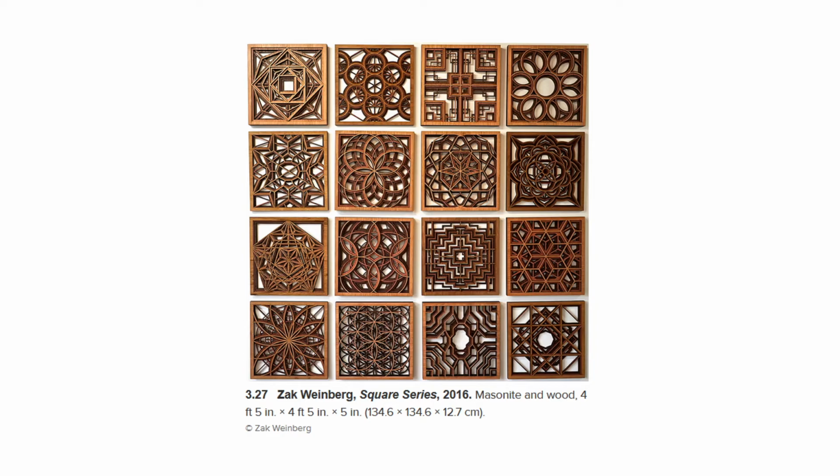So in this Zach Weinberg square series, it presents 16 variations of radial balance, and using a laser cutter, he was able to transform sheets of masonite and wood into a wide range of these elegant designs. See that it all has the reference, the focal center point of the symmetry.